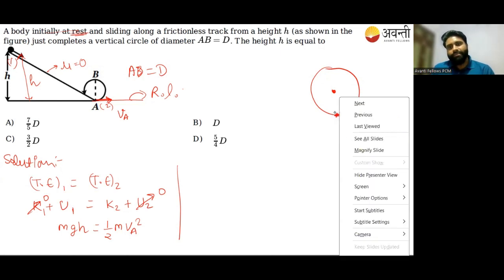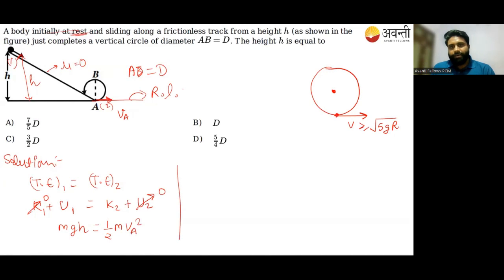So to complete this circle, the initial velocity at the bottom should be greater than or equal to root of 5gr. So mgh is equal to 1 by 2 times m va square. Because we have to just complete a vertical circle, we take the minimum, so va would be equal to root of 5gr.